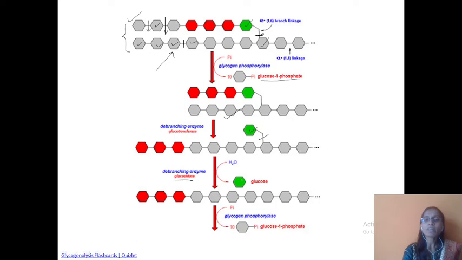Similarly, now this chain will again be converted into the linear form. Again it is acted upon by glycogen phosphorylase until it reaches such a branch, and in this way the glycogen will get degraded with the help of glycogen phosphorylase and 2 debranching enzymes, and glucose 1-phosphate molecules are released.